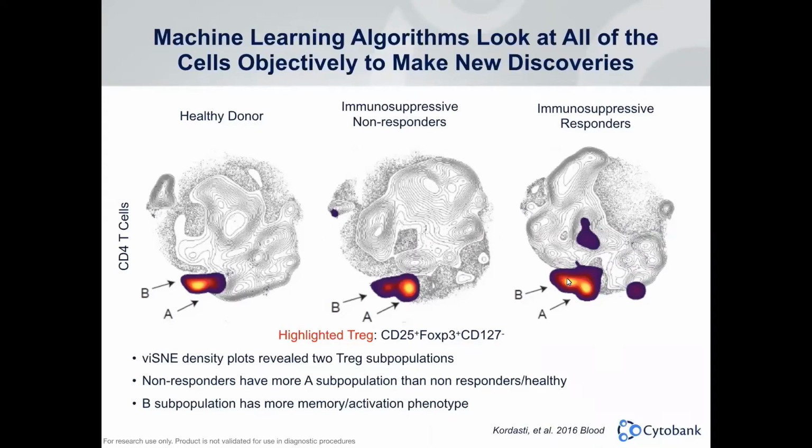And when we check the B subset, it shows more memory and activation phenotype, which is an indication of why it's responding to the treatment. So with this information, we can identify the differences between responders and non-responders, providing valuable information to the research.